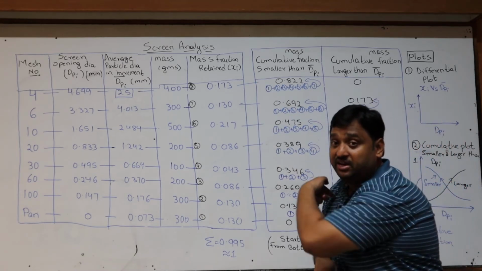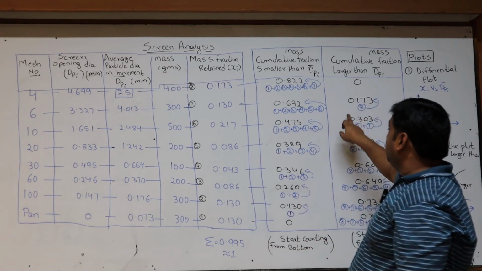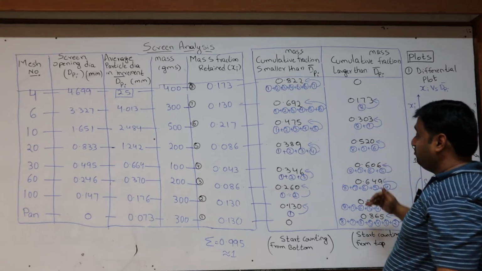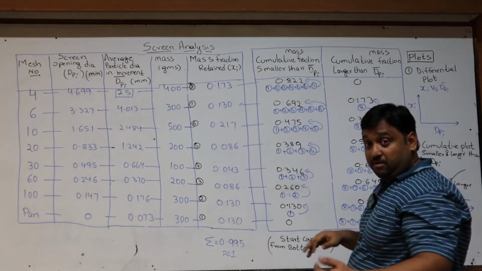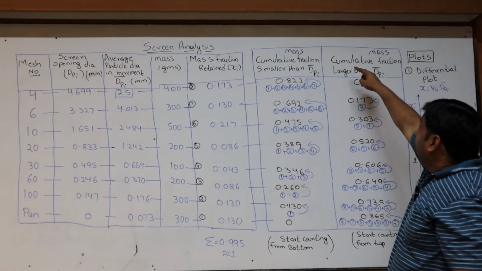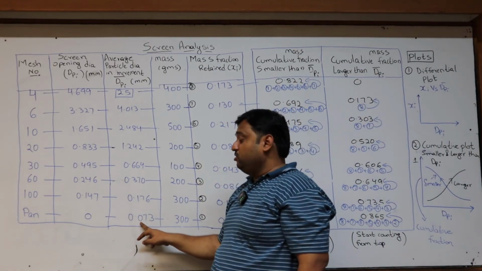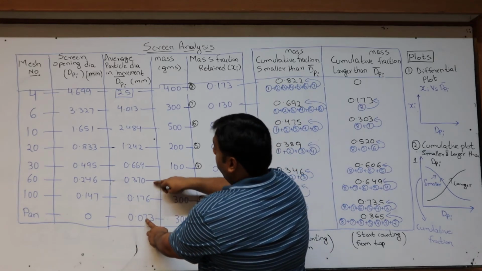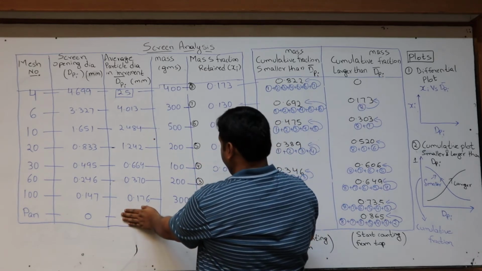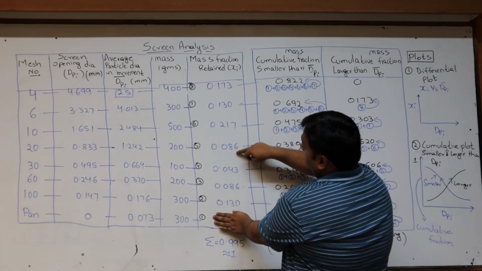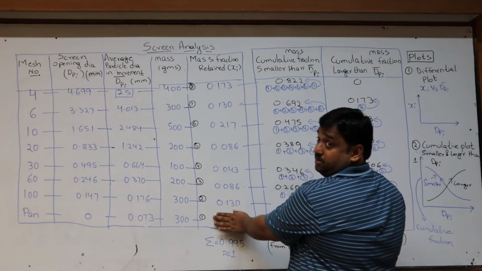For simplicity, again I have given numbering here. This is only 8, this is 8 plus 7, this is 8 plus 7 plus 6. Like that you have to sum it. Let us come back to the bottom. Cumulative fraction larger than 0.073. That means all these will come except this one. Except the last term, 2, 3, 4, 5, 6, 7, 8, all these will come.